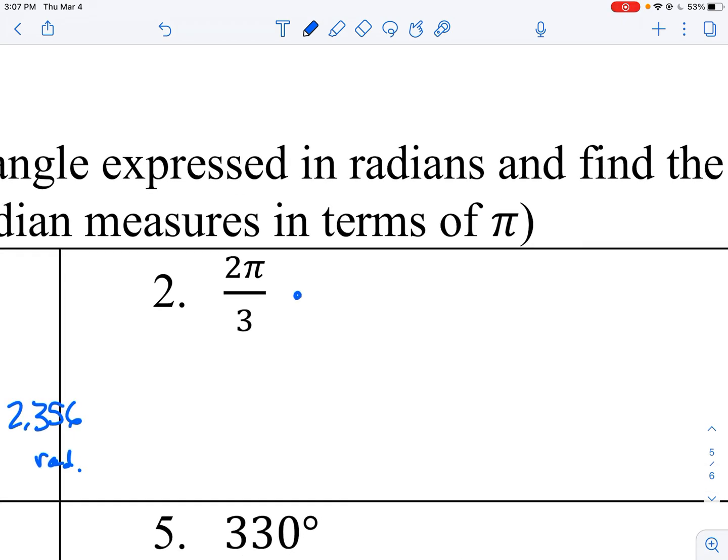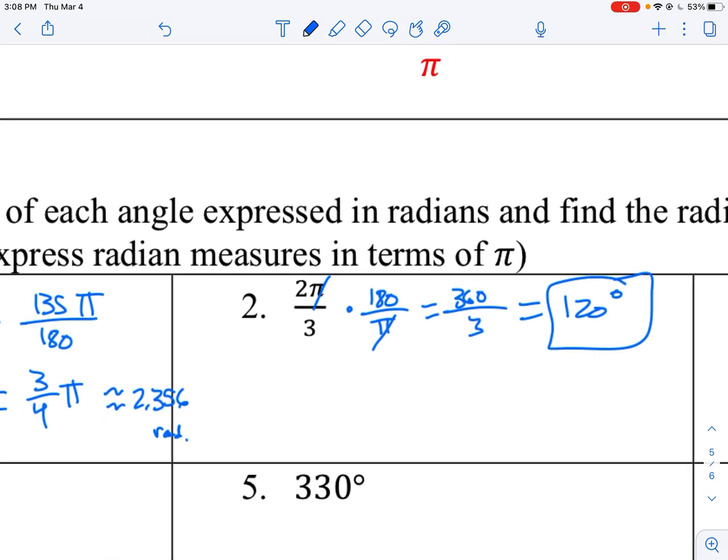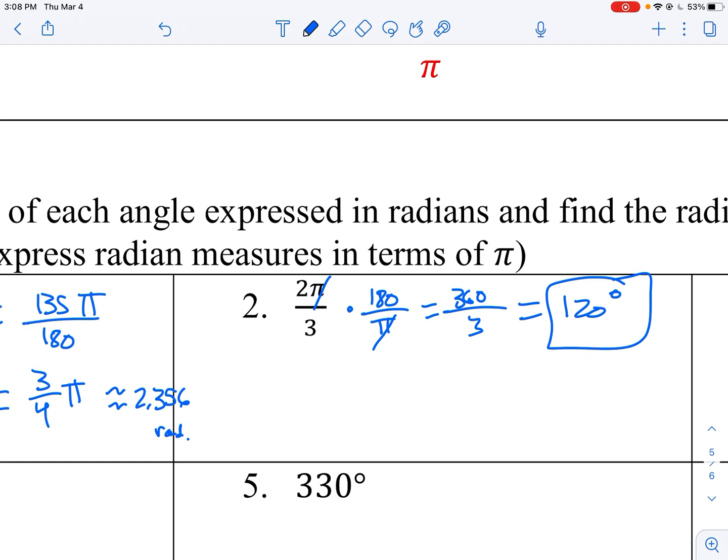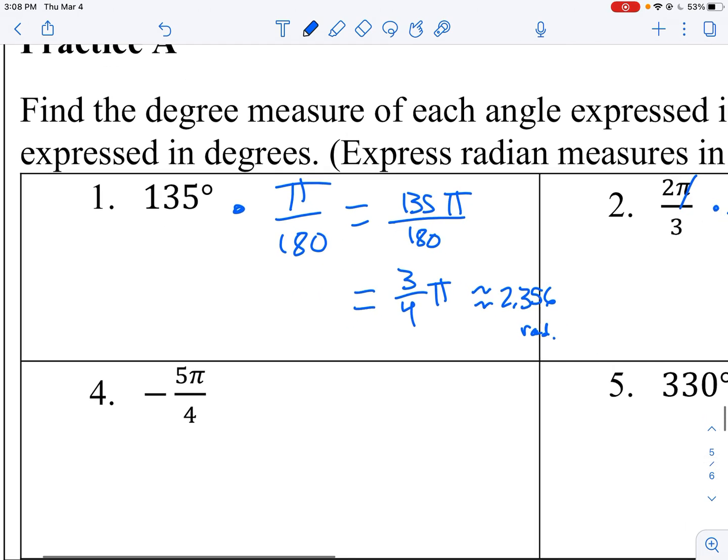Instead of pi over 180, you do 180 over pi, and the pi's cancel. You get 2 times 180, which is 360, divided by 3, which is 120 degrees. But mainly you're going from degrees to radians, because things need to be in radians to get arc length.